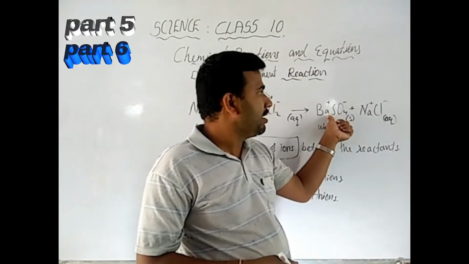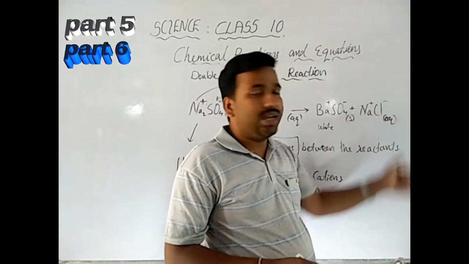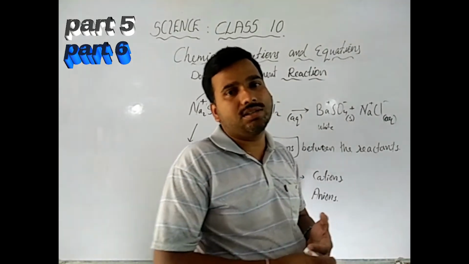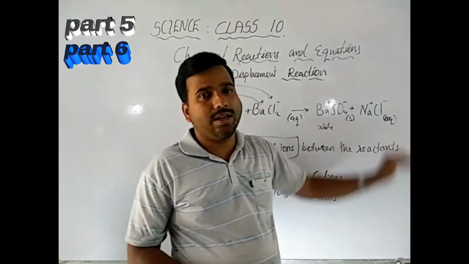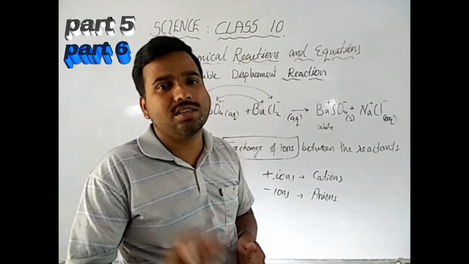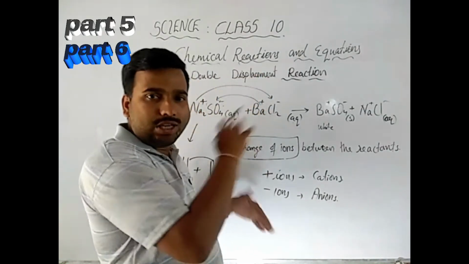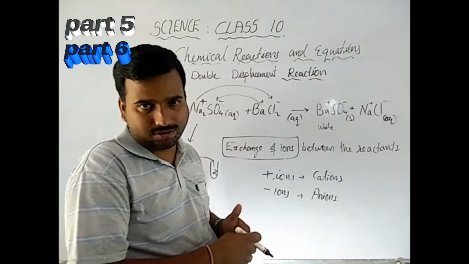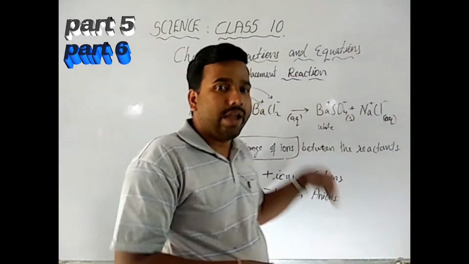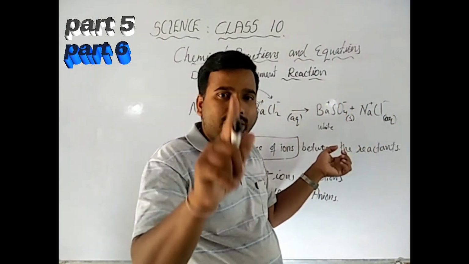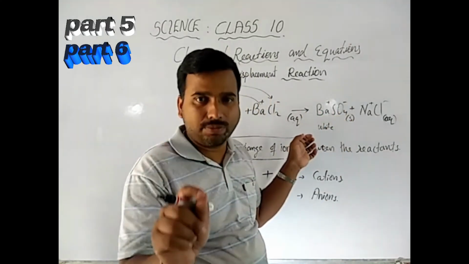Here we can see barium sulfate forms a precipitate and sodium chloride remains in the solution as an aqueous solution. This is the example for a double displacement reaction, in which both the reactants exchange both the ions to form new products. Out of that, one is insoluble. The insoluble product is known as a precipitate.